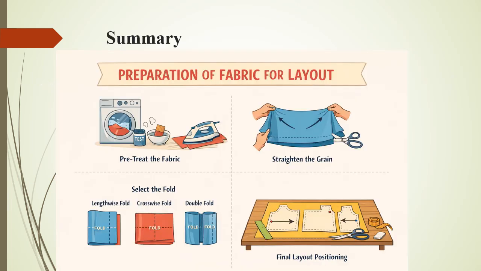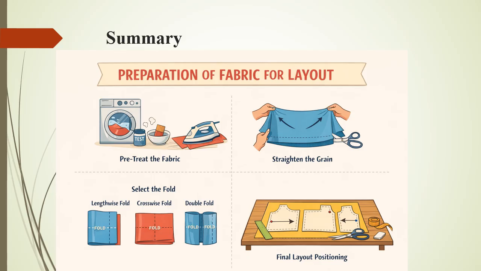As a summary, in today's class we have learned how to pre-treat the fabrics. What are all the methods we have learned for pre-treating the fabric? First is washing, drying and pressing. After washing, the second is checking for color bleeding.